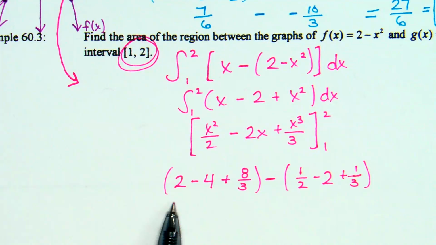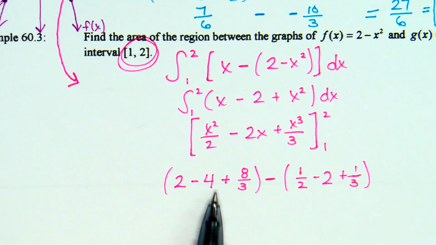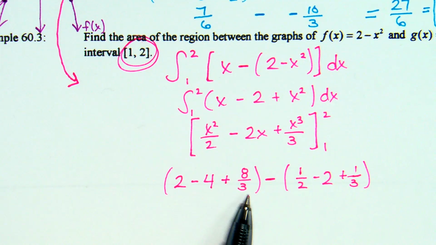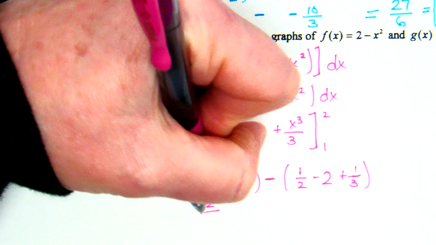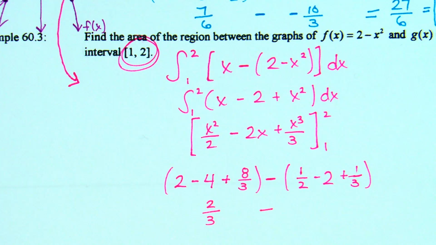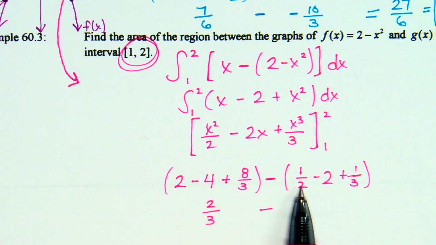Two minus 4 is negative 2. Now you do your fractions however you like to do them, but 2 minus 4 is negative 2. Negative 2 in terms of thirds is negative 6 thirds. Negative 6 thirds plus 8 thirds is 2 thirds. Or 6 thirds minus 12 thirds plus 8 thirds. Again, however. Over here, I feel like we already know. We kind of did this, didn't we?